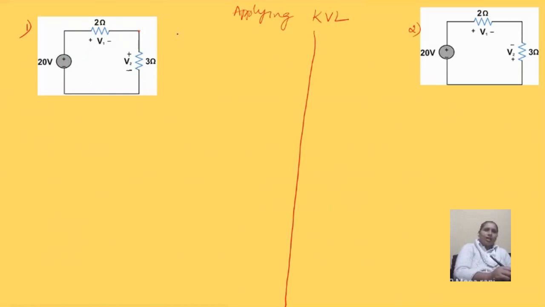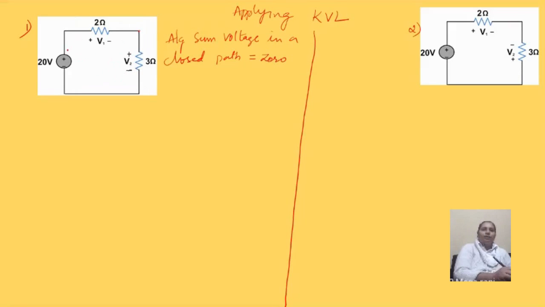So the algebraic sum of voltages in a closed path should be equal to 0. By using this statement, we are going to write the equation for the given circuit, which is nothing but a loop or a closed path.